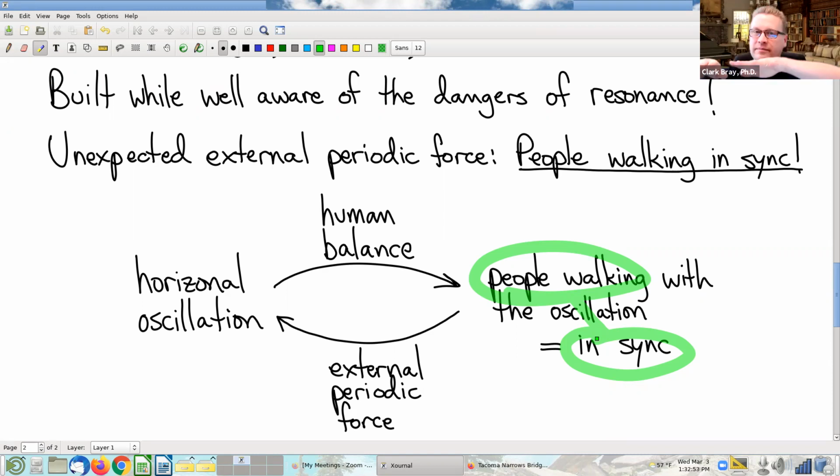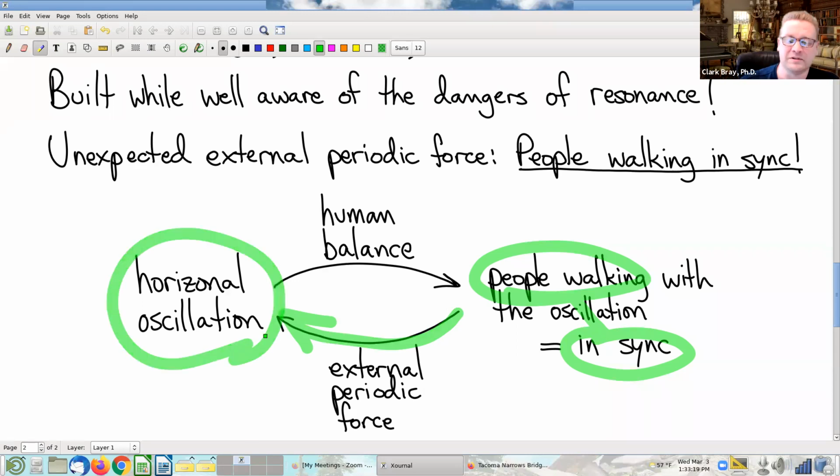And as the bridge moves to the left, everyone at the same time takes a step to the left. So you have hundreds of thousands of pounds of force pushing, mostly down, but somewhat to the left. And then as the bridge goes to the right, you have hundreds of thousands of pounds, again pushing mostly down, but somewhat to the right. And that's a very significant external periodic force that reinforces that horizontal oscillation.